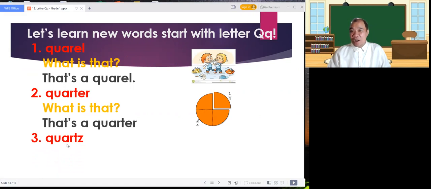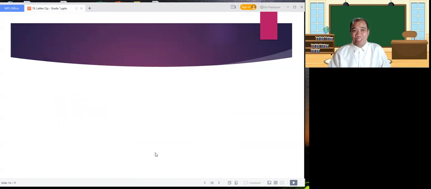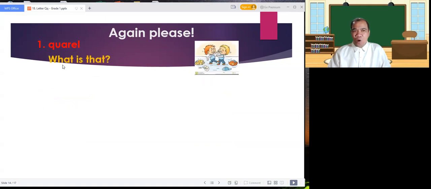Quartz, quartz. Okay, so this is a quartz, okay? What is that? That's a quartz. Quartz. Okay, let's repeat. Again, please. Quarrel. What is that? That's a quarrel.